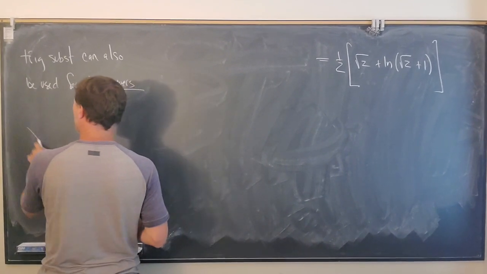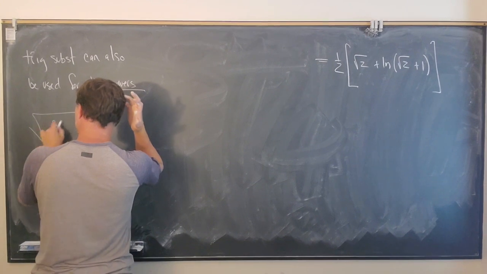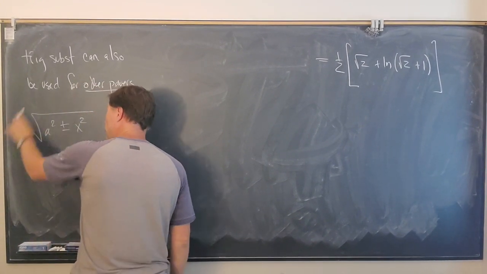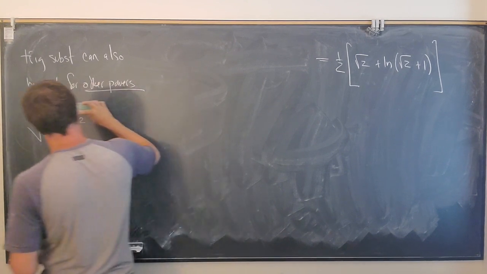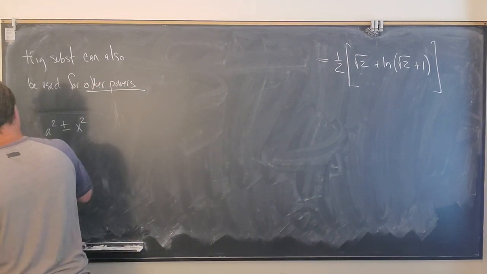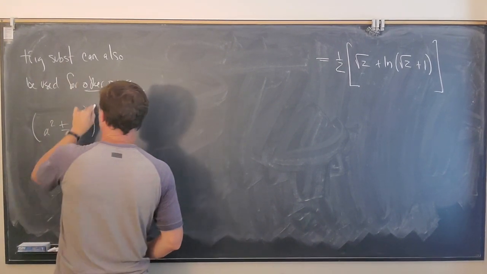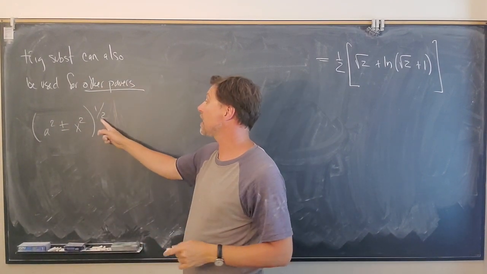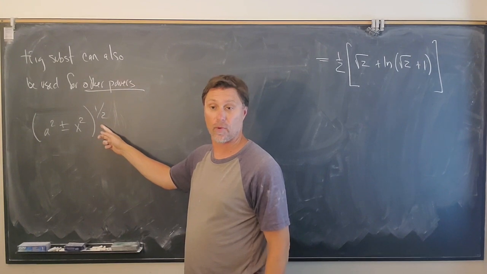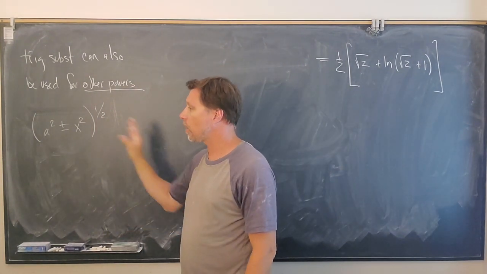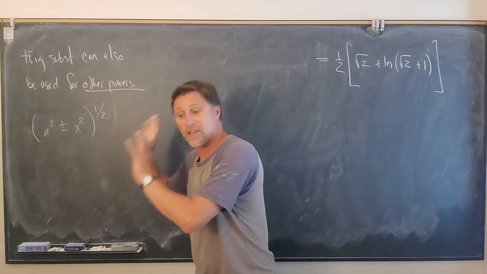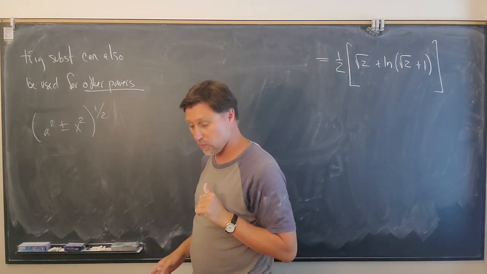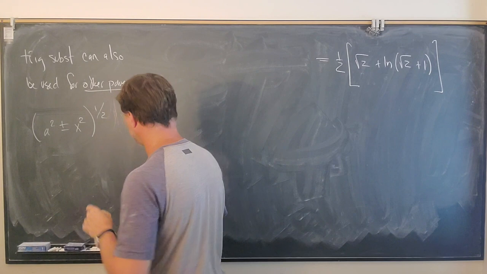Meaning, right, so what we've done so far, we've looked at things like a squared plus or minus x squared, and so on, with a square root. Well, remember a square root is a 1/2 power. So when I say other powers, what I mean is powers other than a 1/2. Right? So when you see quadratic polynomials raised to various powers, not necessarily 1/2, trig substitution is often the way to go. So let's look at this example here.